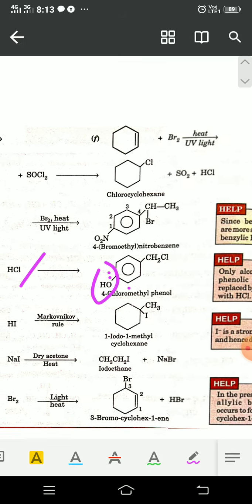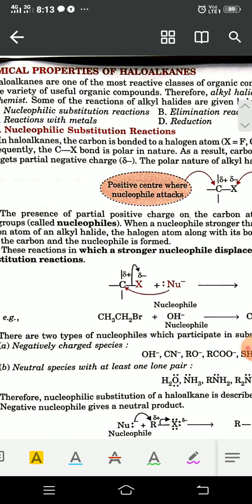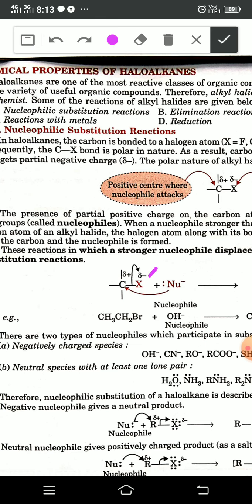Now, with the help of this page, I am going to teach you about the nucleophilic substitution reaction. So, what happens in nucleophilic substitution? The halogen atom of haloalkane is known as the leaving group. It gets replaced by a nucleophile. See here, this one is the nucleophile. The nucleophile will attack at this carbon atom and the halogen will be replaced.